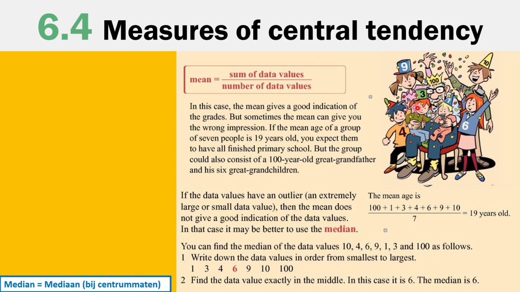Well, that's actually not a good representation of those data values, right? Because now you expect 7 people that are around 19 years old, but actually 6 of them are a lot younger, and 1 of them is a lot older, 100 years old. So in this data set, taking the mean is not the best representation, doesn't give you a good impression.